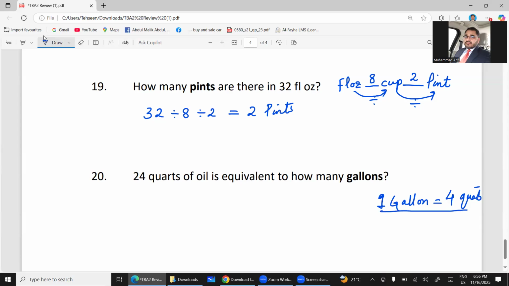Then 24 quarts of oil will be how many gallons? 24 divided by 4 will be equal to 6 gallons. This is the answer.